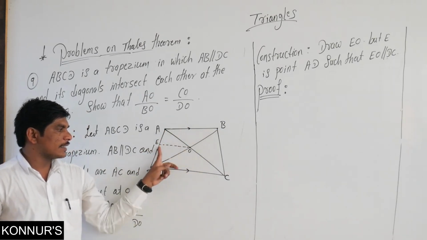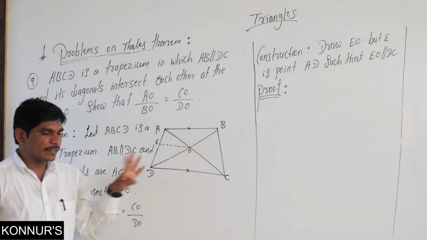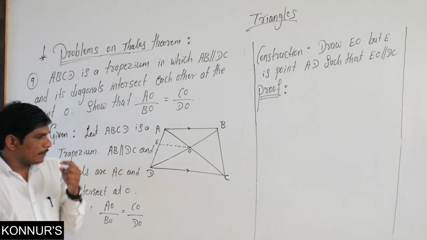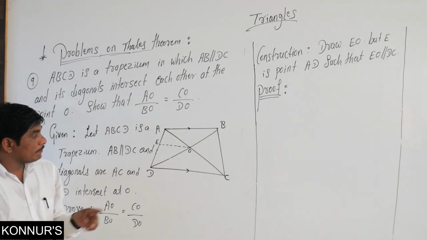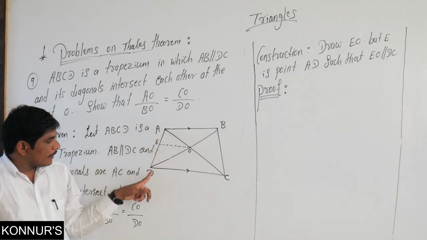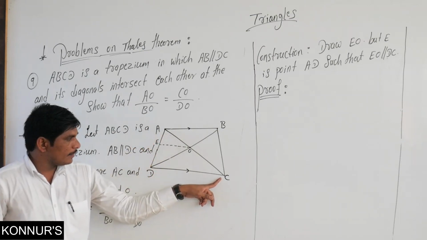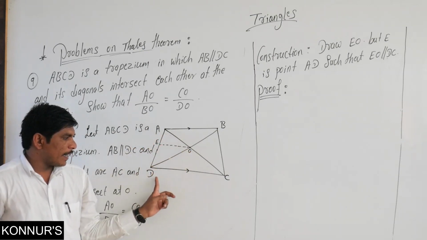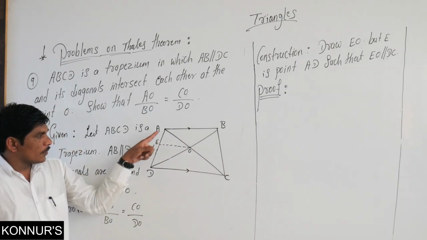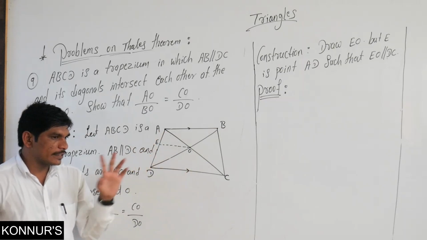It means AB, EO and DC, these three lines are parallel. And one more point, using the basic proportionality theorem, we observe triangle ADC, where EO is parallel to DC. Based on these two results we are using the basic proportionality theorem.